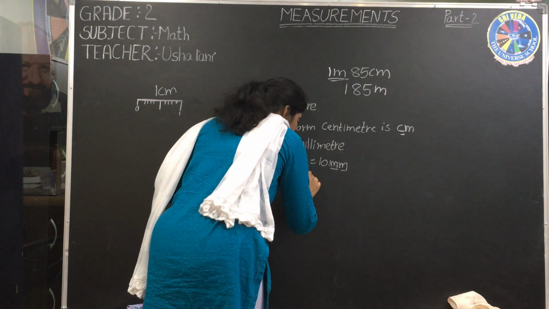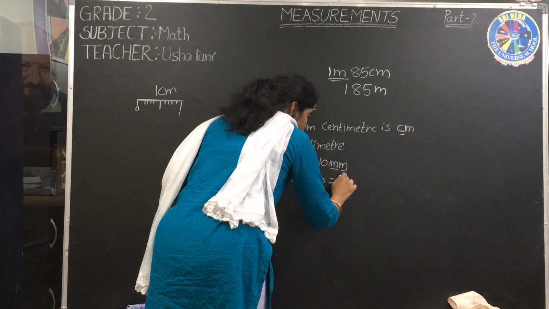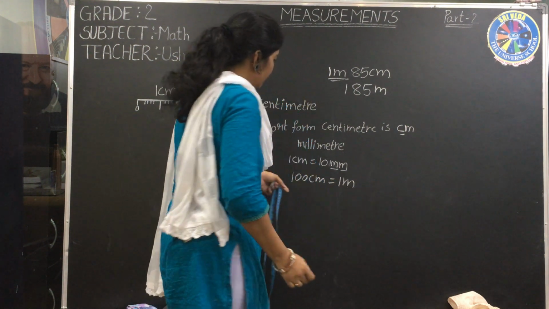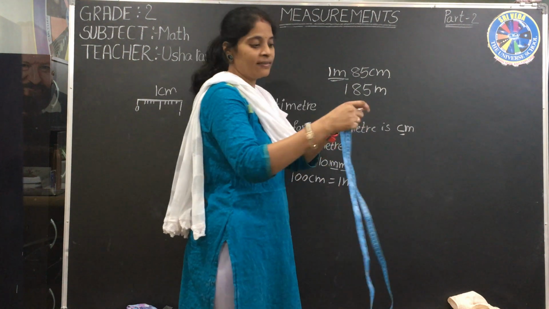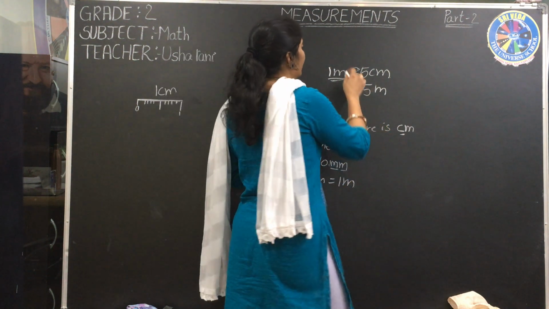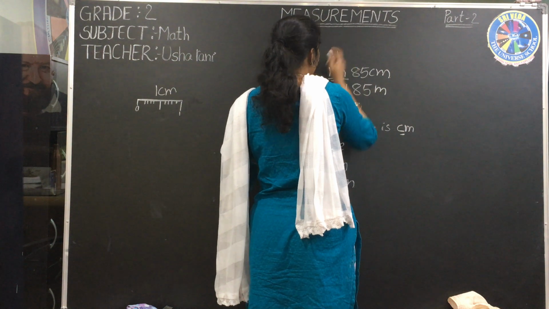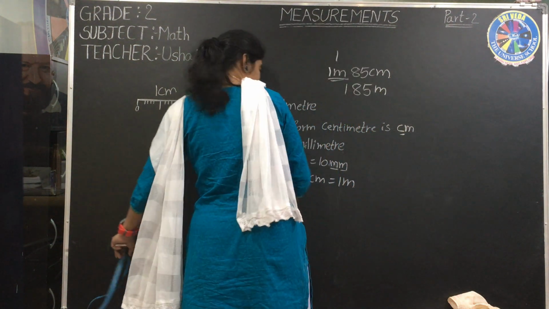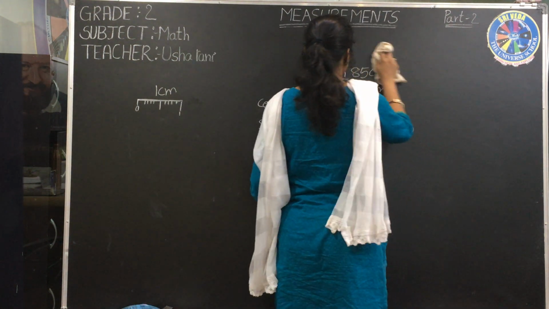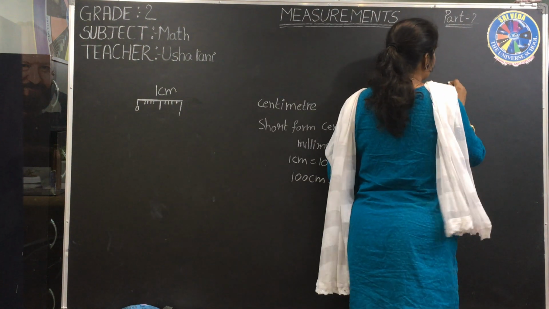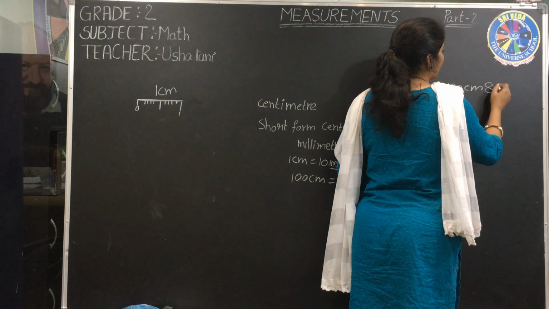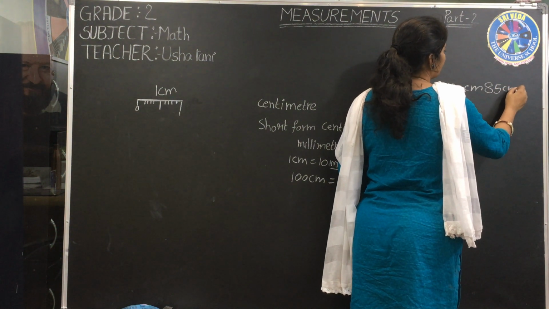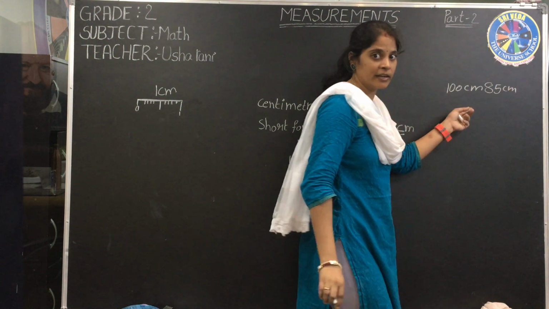100 centimeters equals 1 meter. What is the length of this board? 100 centimeters and 85 centimeters, 100 plus 85 centimeters.